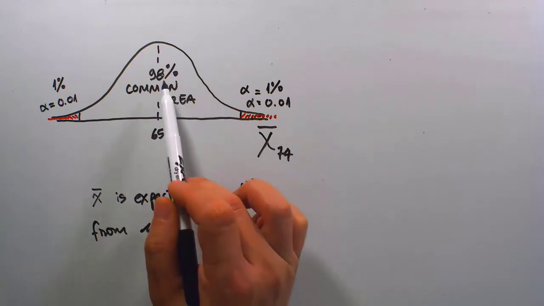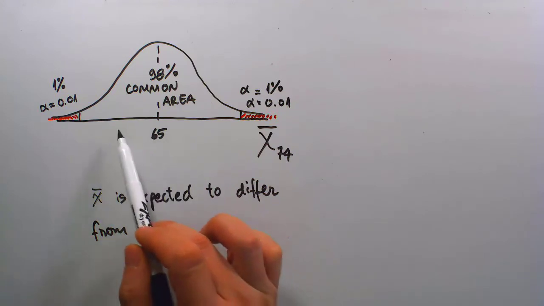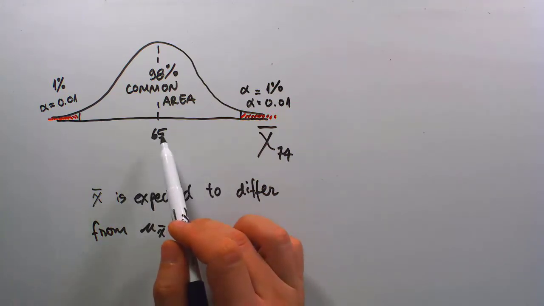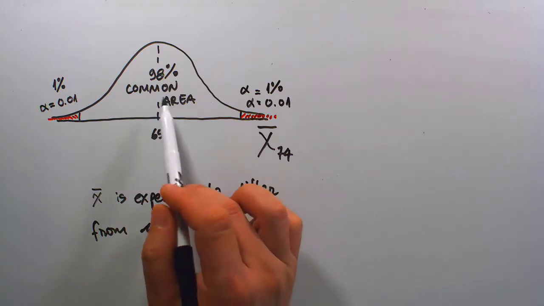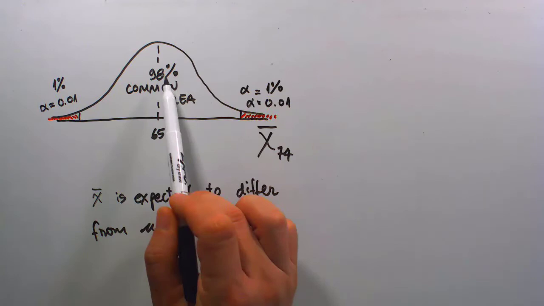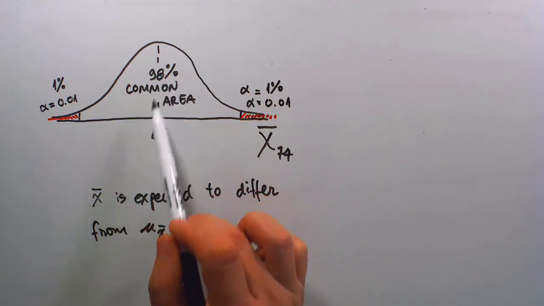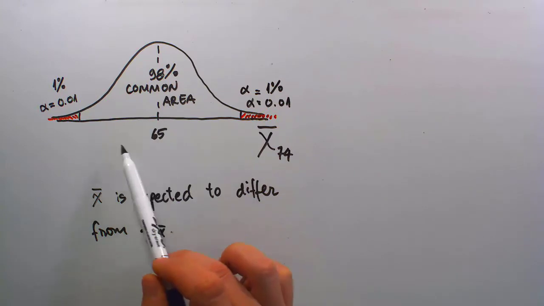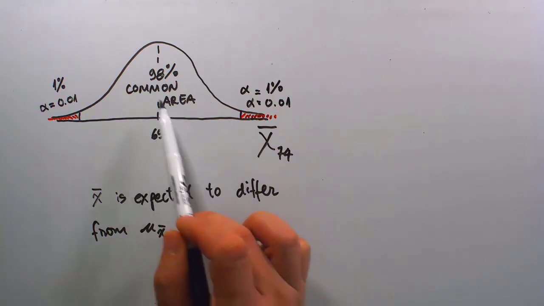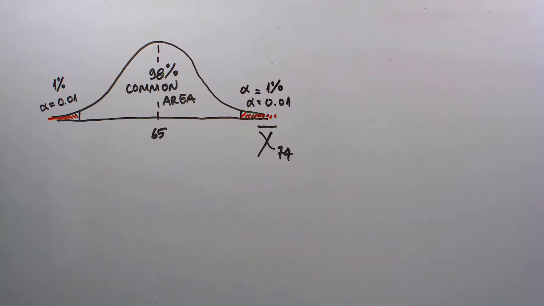But we will accept 98% of those values fluctuated away from this claim in the center, and regard those as values that we commonly see. So again, the 98% common area means there are 98% of values that we regard as commonly fluctuated away from this center.